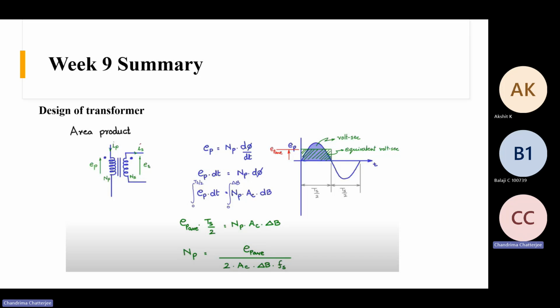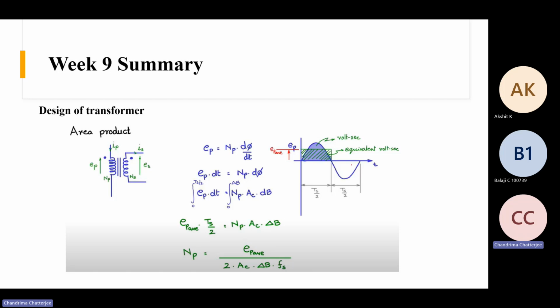So suppose this is the transformer winding. Again we need Faraday's law. This is the primary winding, so NP into d phi by dt is EP, the voltage induced across the primary winding. So you can write EP dt equal to NP d phi and integrate it, from 0 to Ts by 2 on one side and from 0 to delta phi on the other.